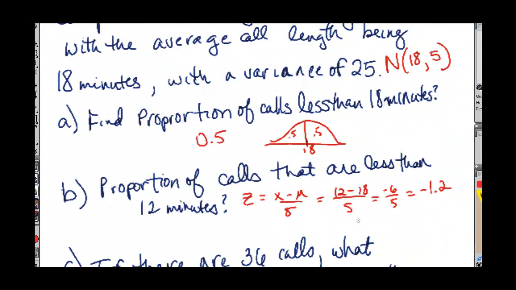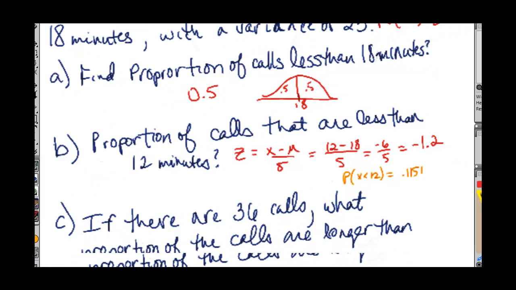So the p-value, the proportion, the answer in orange: the proportion of x less than 12 is going to be 0.1151. If you wanted greater than 12 minutes, you would just do 1 minus that value.